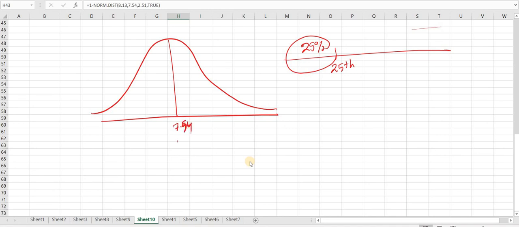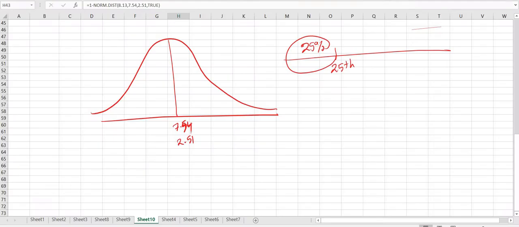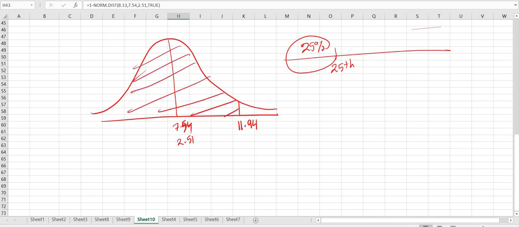The mean is 7.54 and the standard deviation is 2.51, and the sale amount is 11.94. 11.94 is approximately here. We want to find the percentile rank. That means we need to find the area to the left of it. This is the percentile rank for it.